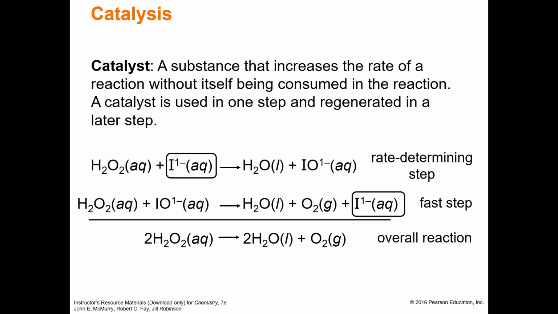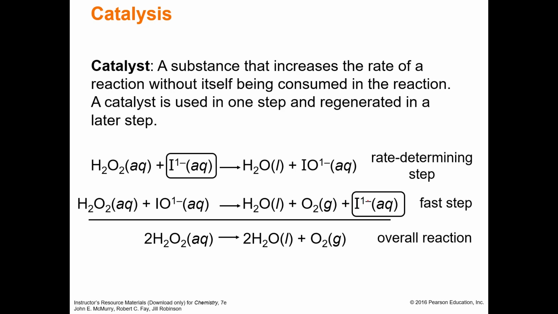a later step. An example of this is shown down here at the bottom, where we have iodine with a negative charge on it that is used in our first step here in our rate determining step. But then in the second step, we get iodine with a negative charge back.